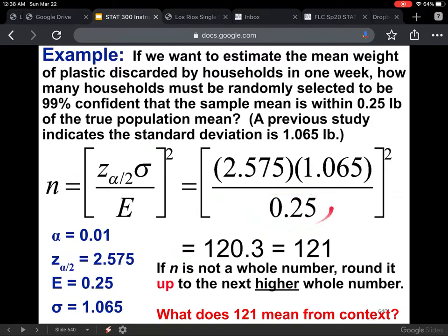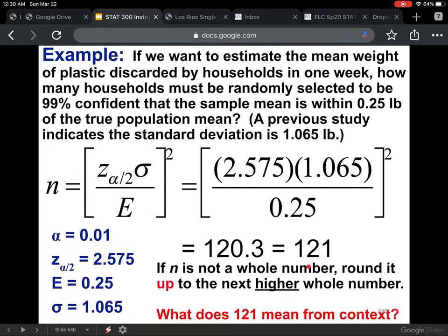We want to be within a quarter of a pound, which means if I multiply, divide, and square, I get a value of 120.3, which if you round is 121 people, or 121 households technically. So if n is not a whole number, just round up to the next higher whole number.